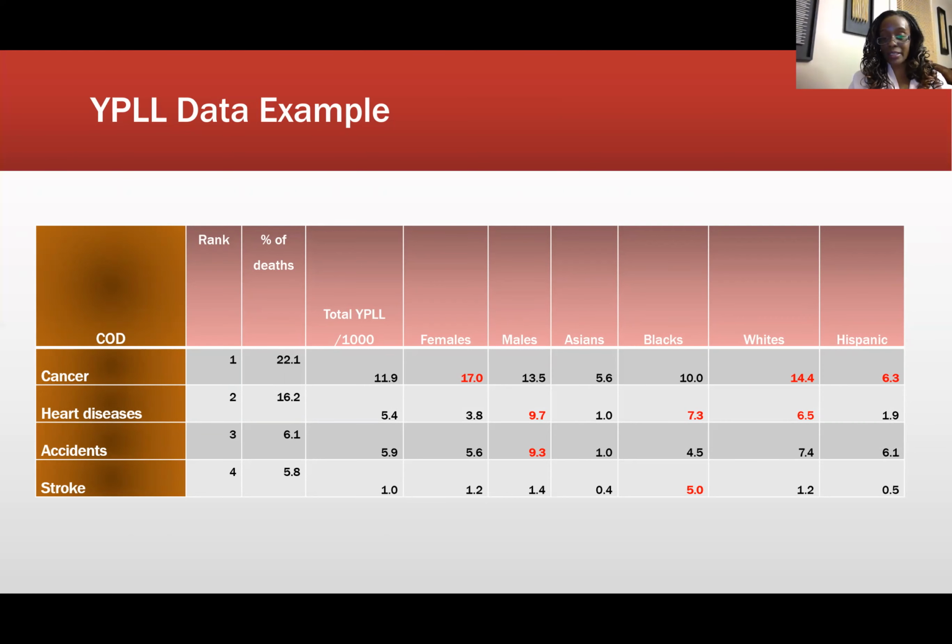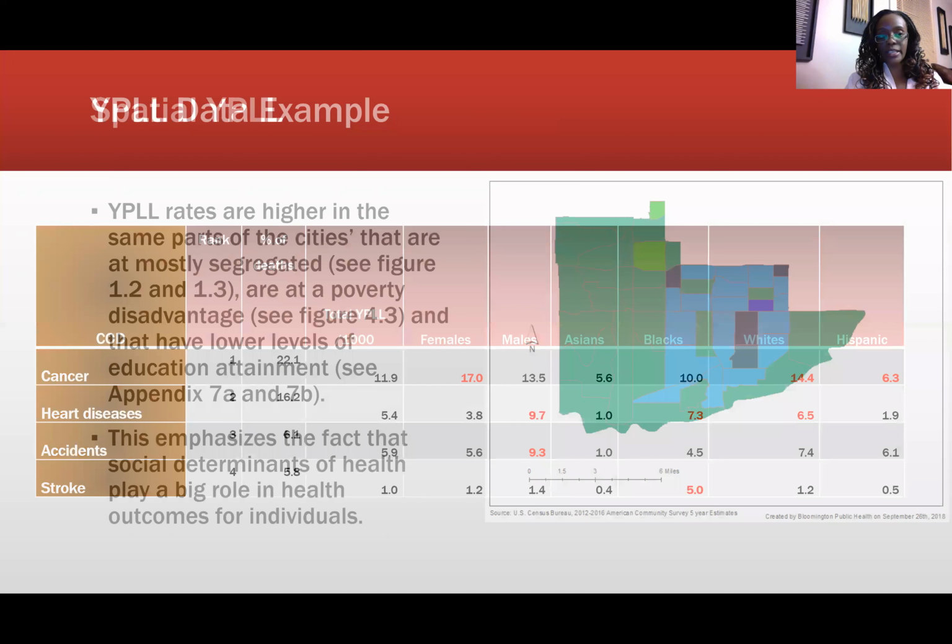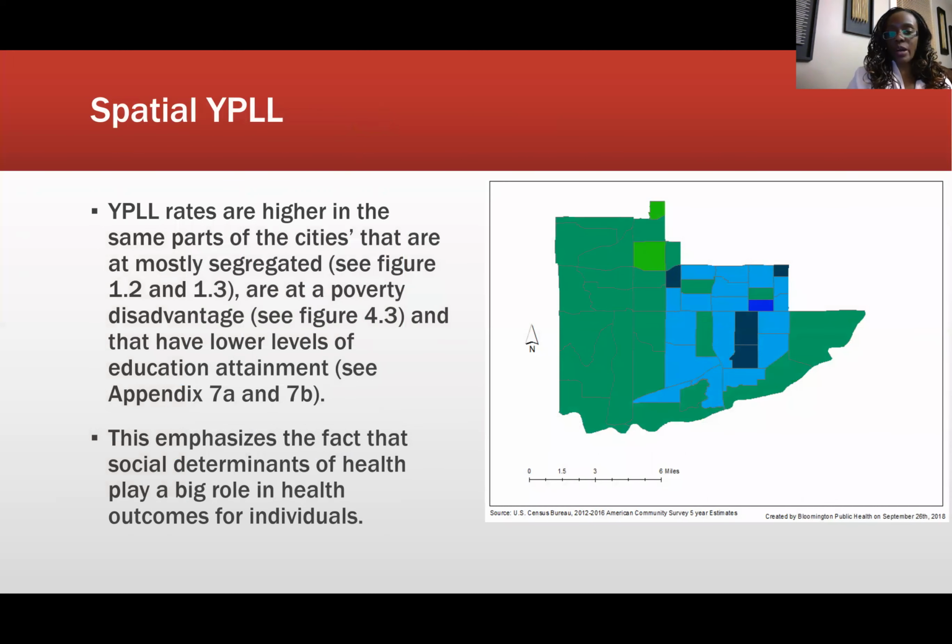If you look at accidents, the YPLL of males is 9.3 compared to females, which is only 5.6. In heart diseases, you have blacks at a higher disadvantage compared to the other race and ethnicities, and stroke as well, blacks. So this is an example of the first 4 causes of disease in the area that I worked in. And this is a spatial YPLL.